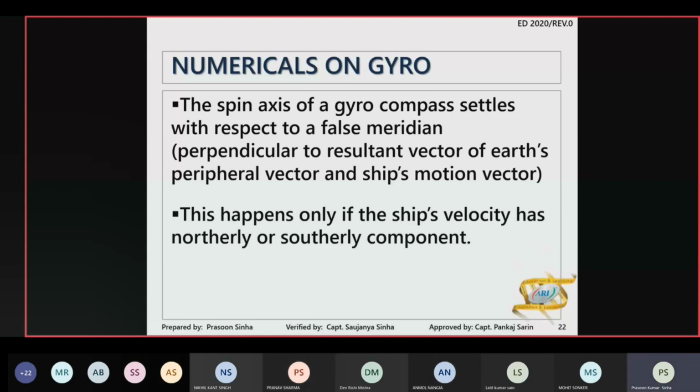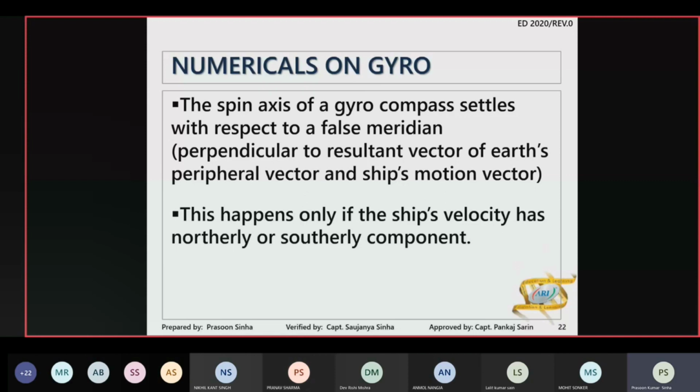So this false meridian का जो हमने केस देखा था, that was only if the ship was doing anything southerly or northerly, that the resultant used to be above or below the 900 or Earth's vector. So this was the only case when it was happening.